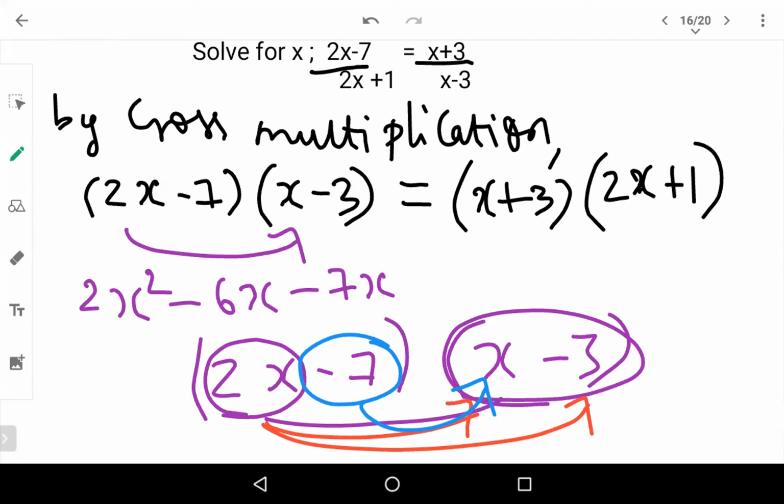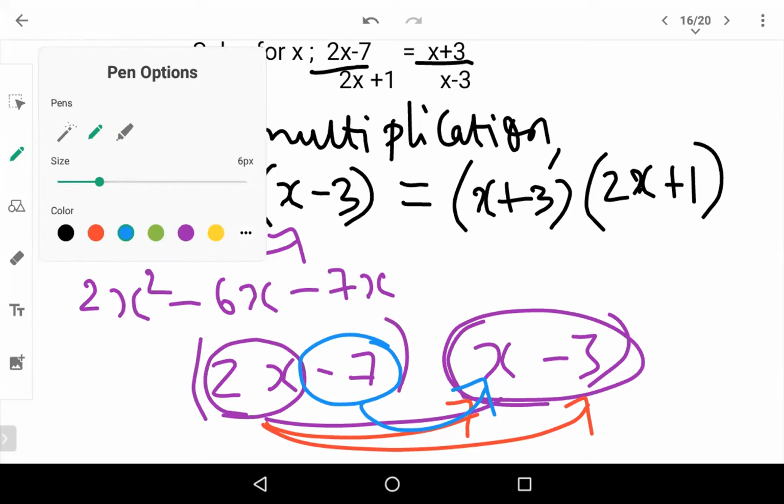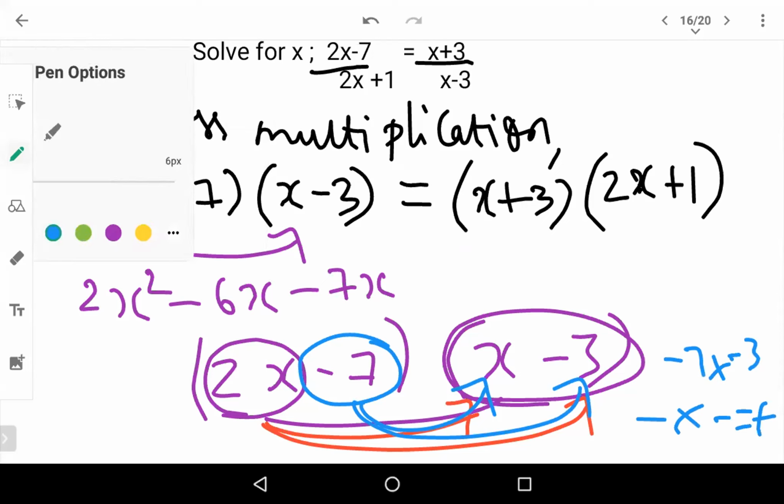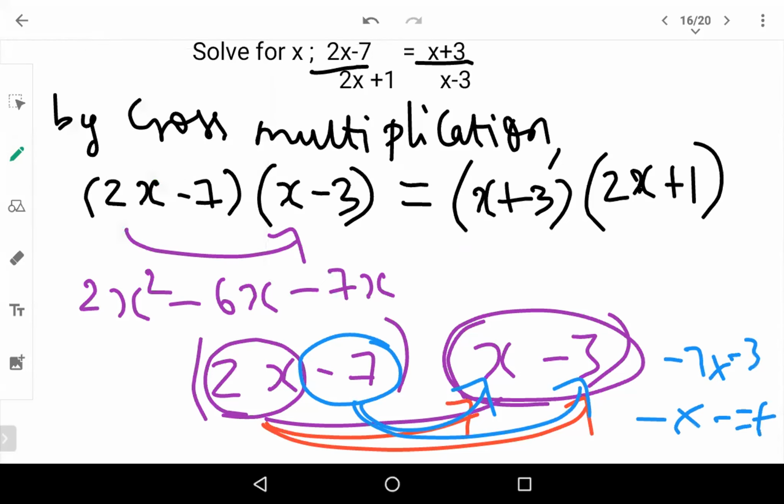Then minus 7 into minus 3. 7 3s are 21, correct? But here it is minus 7 and minus 3. So minus into minus is equal to plus. So what will be the number? The number is going to be plus 21. So this is your LHS.